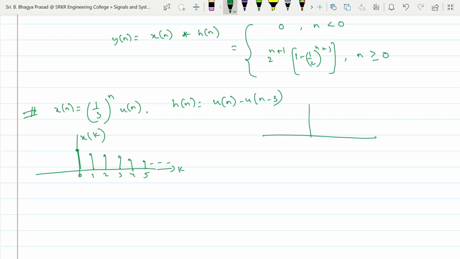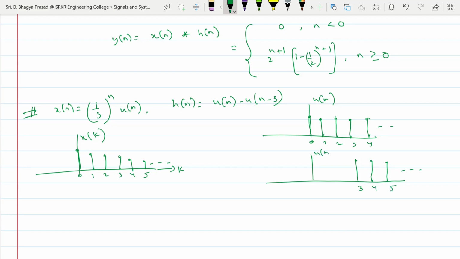You know about u of n, a step sequence 0 1 2 3 4, and u of n minus 3 is a sequence that starts from n equal to 3, 4, 5.